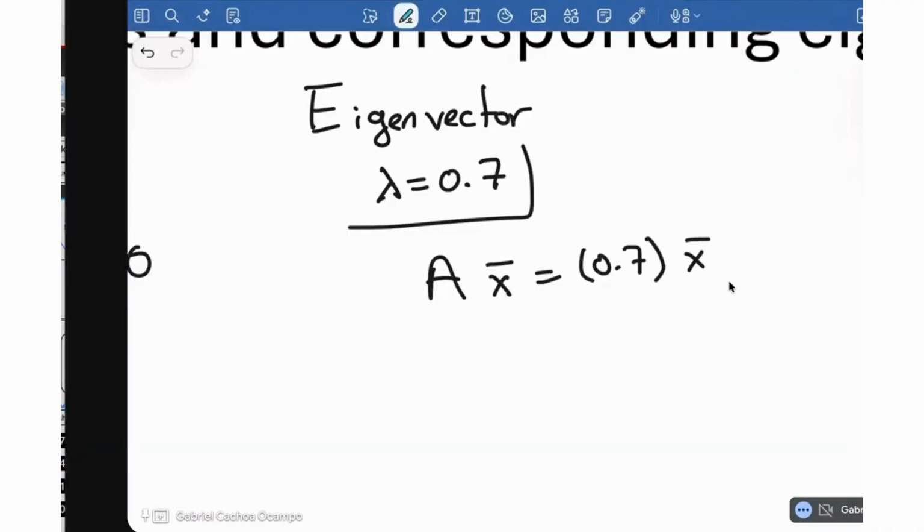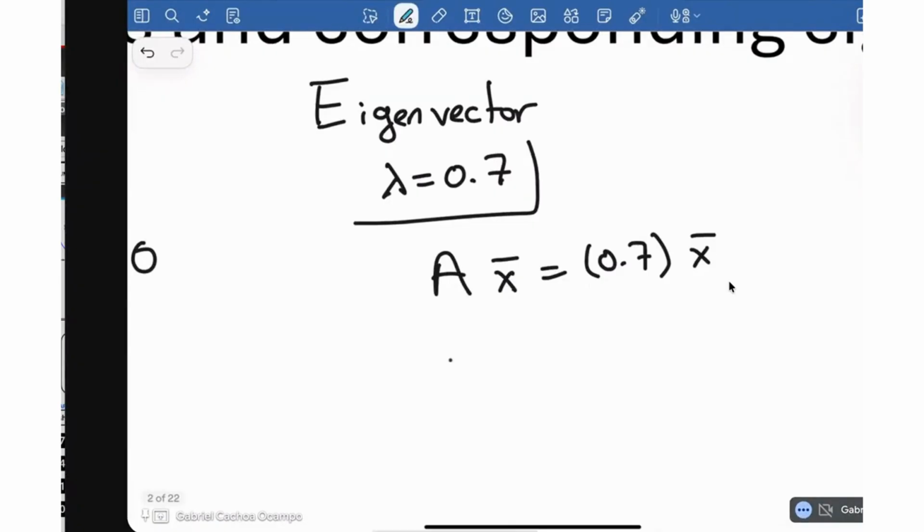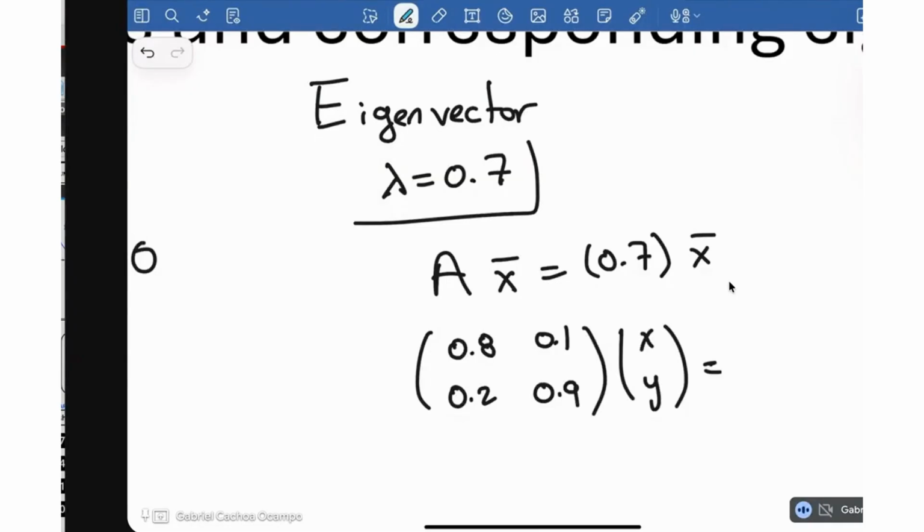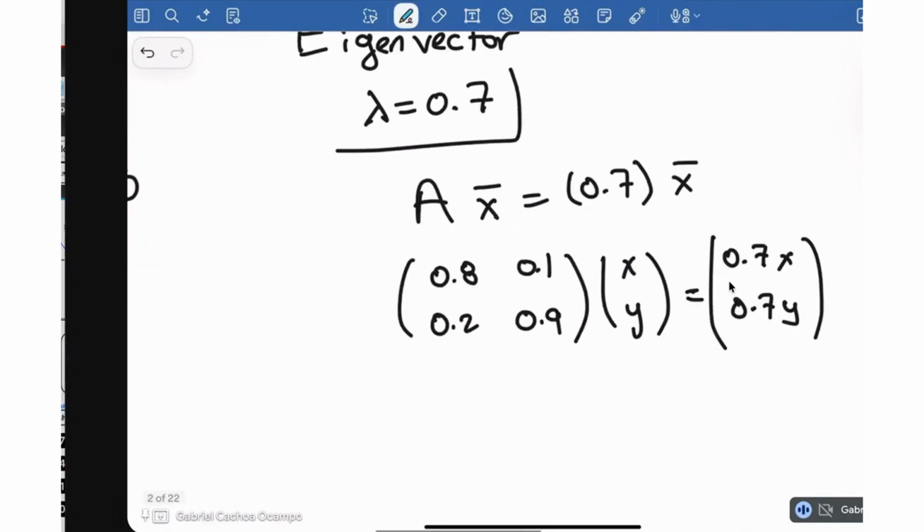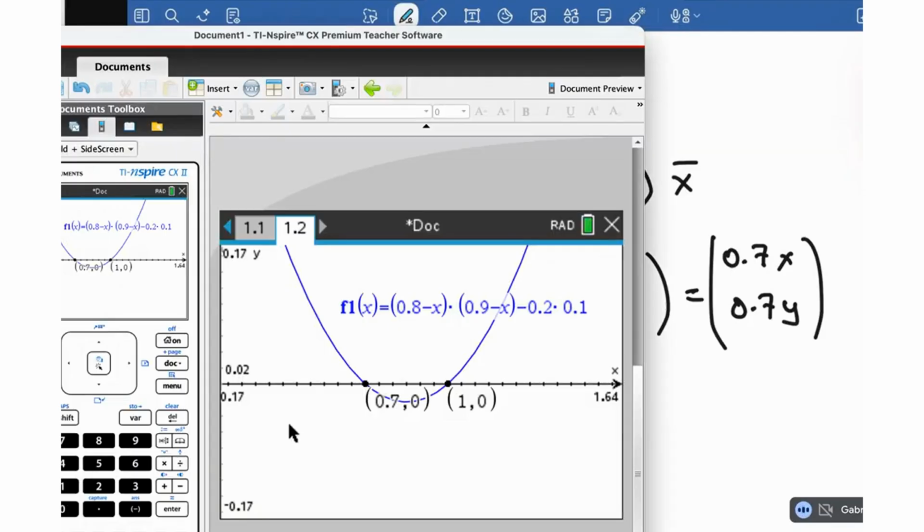In this case, I want to solve 0.8, 0.2, 0.1, 0.9 times x, y equals 0.7x, 0.7y. And remember that from here, I can have a system of equations.